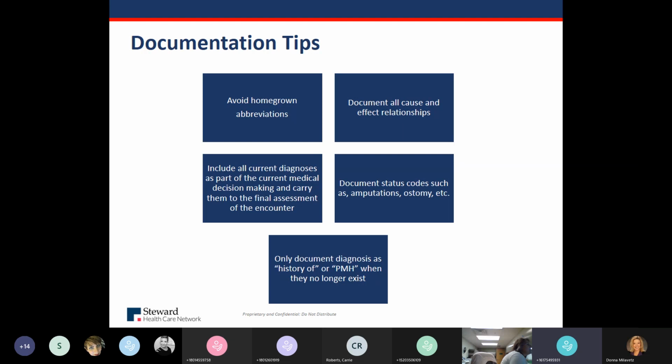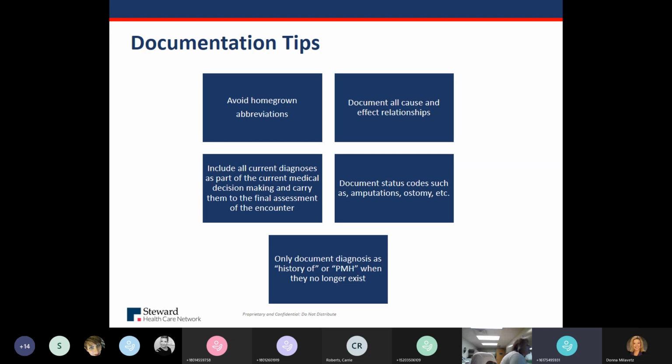And then include all current diagnoses as part of the current medical decision-making and carry them to the final assessment. For example, we see providers documenting conditions in the HPI section or the exam, and they end up leaving them off the final assessment and off the claim. They should be getting credit for these conditions. They assess them in the HPI.